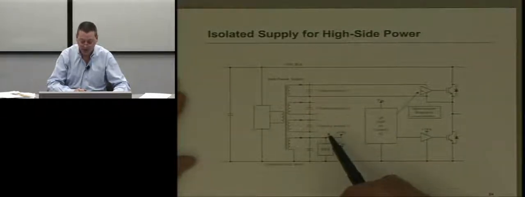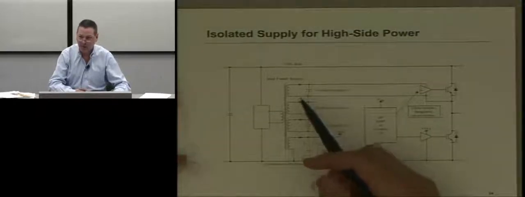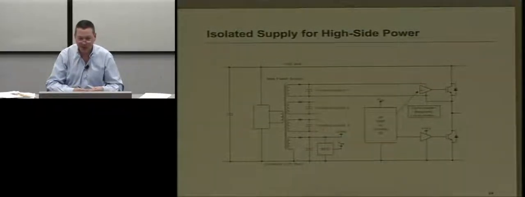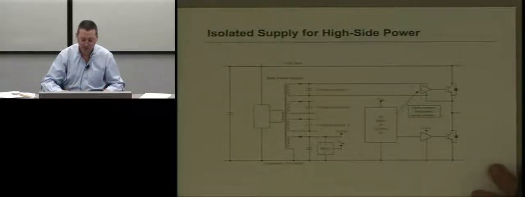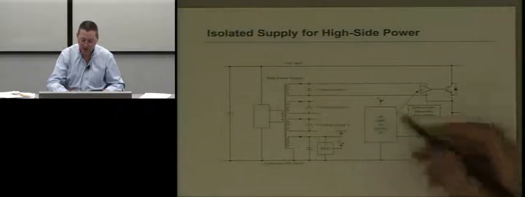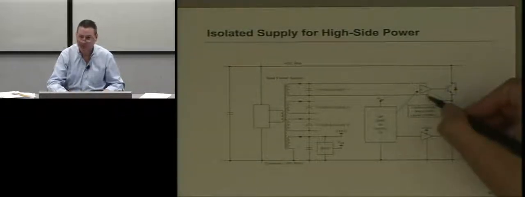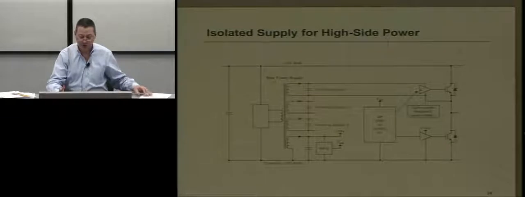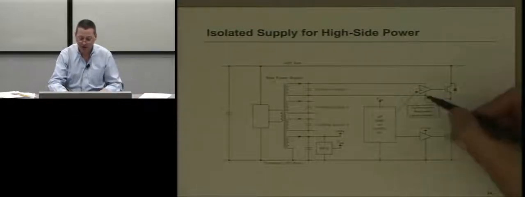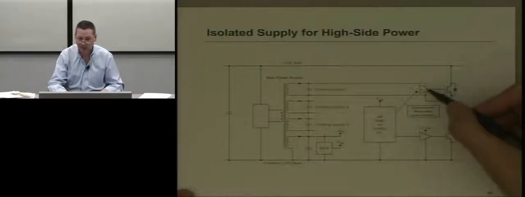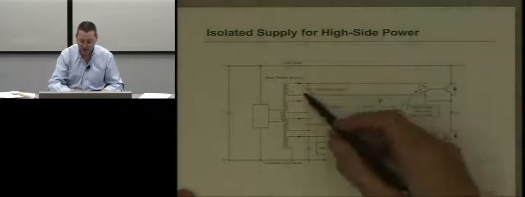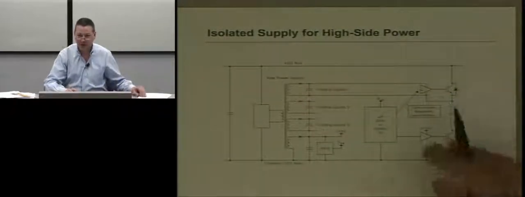The penalty is, it seems easy enough, but because of creepage and clearance distances required, the bobbin and everything gets larger, and the transformer gets more expensive. So this is not the cheapest way to go, but it does provide a nice stable DC floating voltage. So you can turn the high side on indefinitely, right? I can go to 100% duty cycle, and it's always got power because the power supply is driving it.